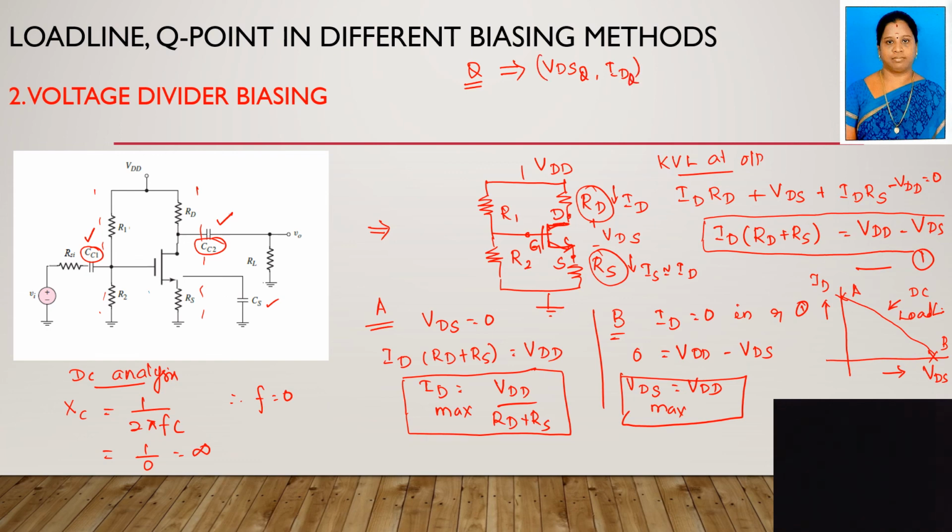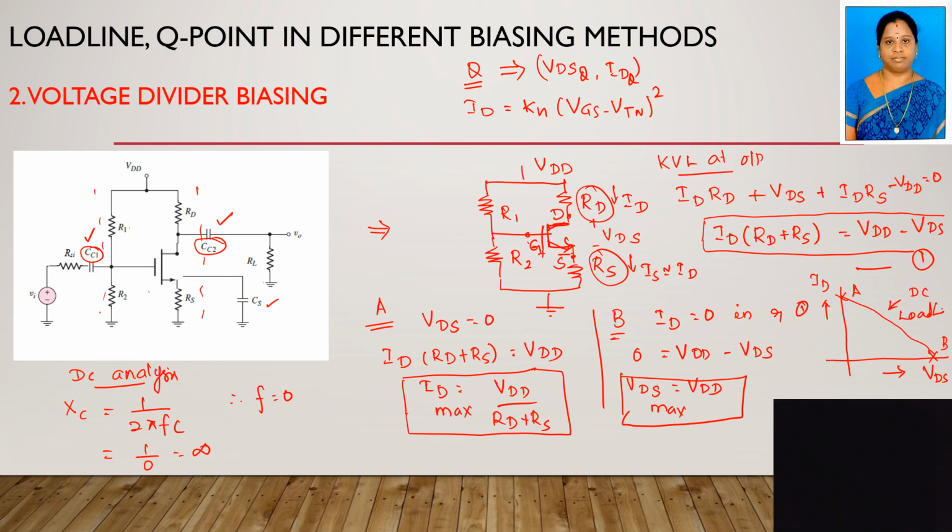So how to find out ID? ID equal to what is the formula? It is the general formula Kn into VGS minus VTN the whole square. VTN is the threshold voltage of the MOSFET transistor. VGS is the voltage between gate and source.